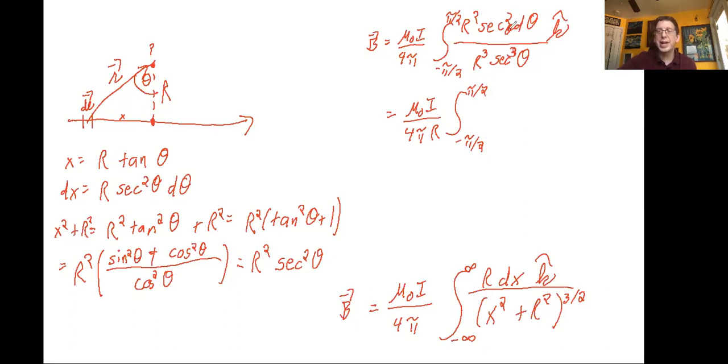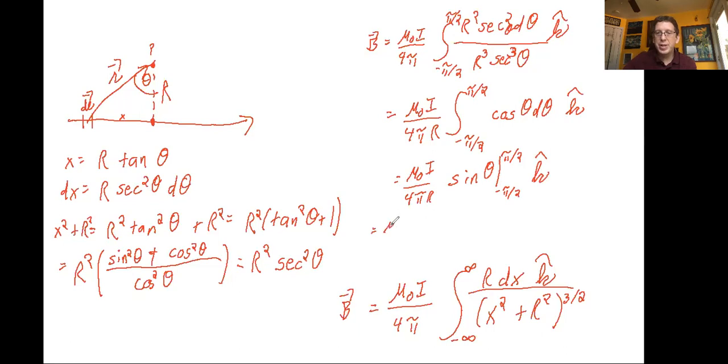My apologies again. So that becomes 1 over the secant, but that's just the cosine. And again, you have the k hat. So that becomes mu naught I over 4 pi r, and you're evaluating the sine of theta, because that's what the integral becomes, from negative pi over 2 to pi over 2 with the k hat.